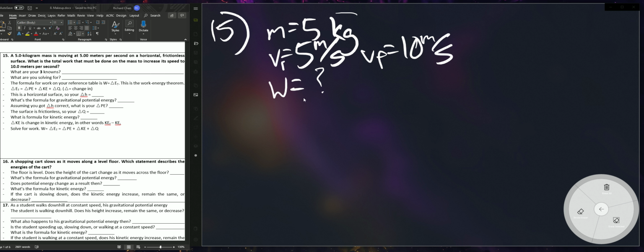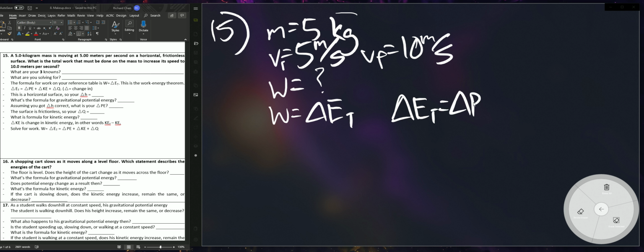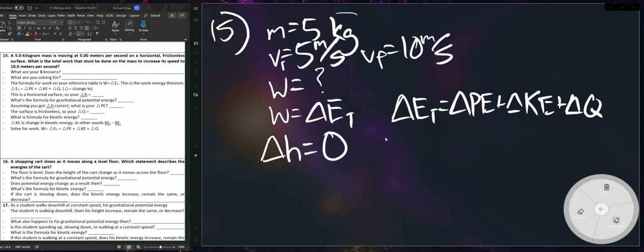Now, the formula for work on your reference table is delta ET, and we know that delta ET is delta PE plus delta KE plus delta Q. Okay? And since this is a horizontal surface, you don't really have a change in height.